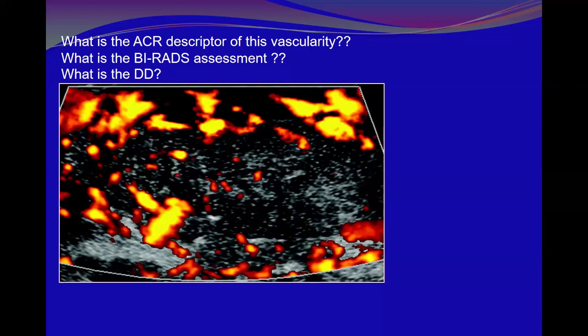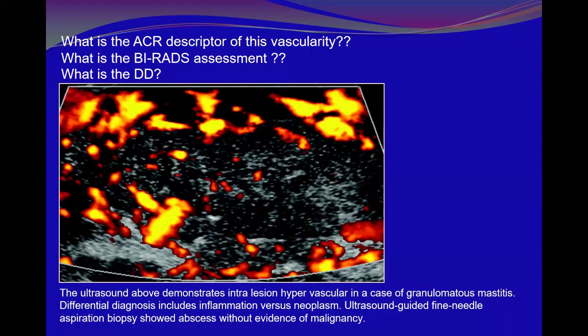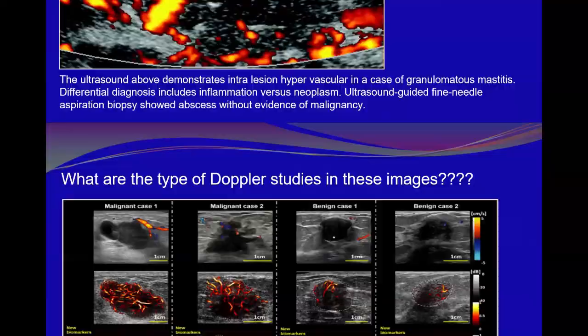Yes, possible. And in this case it was granulomatous mastitis. That is why we have to think broadly. That is why we label it as 4 rather than 5, because it can be inflammatory, it can be neoplastic. We have to recommend biopsy. On biopsy, there was no malignancy. It was just granulomatous mastitis.